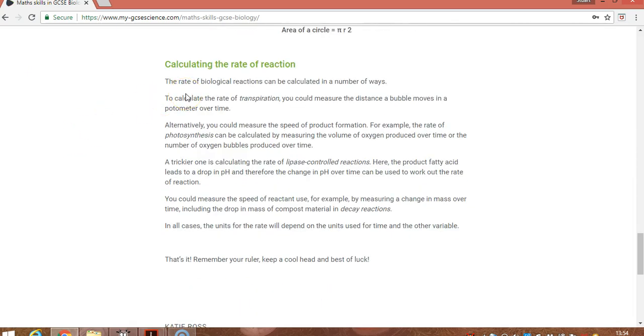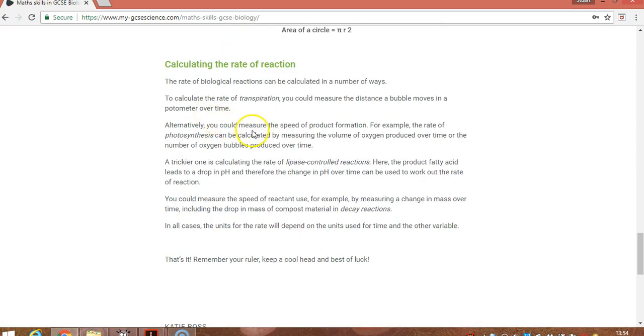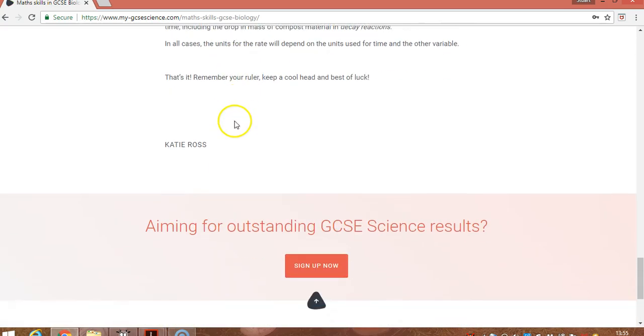Rate of reaction might come up because you've got to do transpiration, the rate of transpiration, so the amount of water lost per minute, for example. You just do the amount lost divided by the time. Rate shouldn't be strange to you because you might have also had to calculate the rate of an enzyme reaction, and also in chemistry you've got to calculate the rate of reaction.